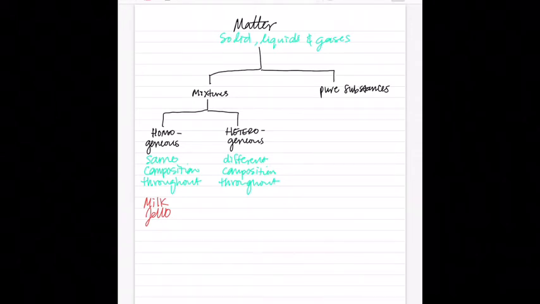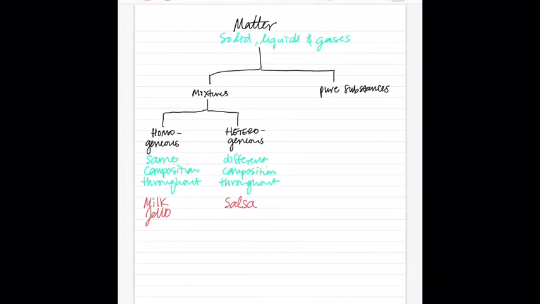Now, I'll give you the examples for heterogeneous real quick before I give you kind of a challenge question. Okay. So an example of a heterogeneous mixture is salsa. You've got the tomatoes you could pull out, you have the onions you could pull out, you have the jalapenos or bell peppers or whatever it is that you can pull out. Another one, I like Lucky Charms.